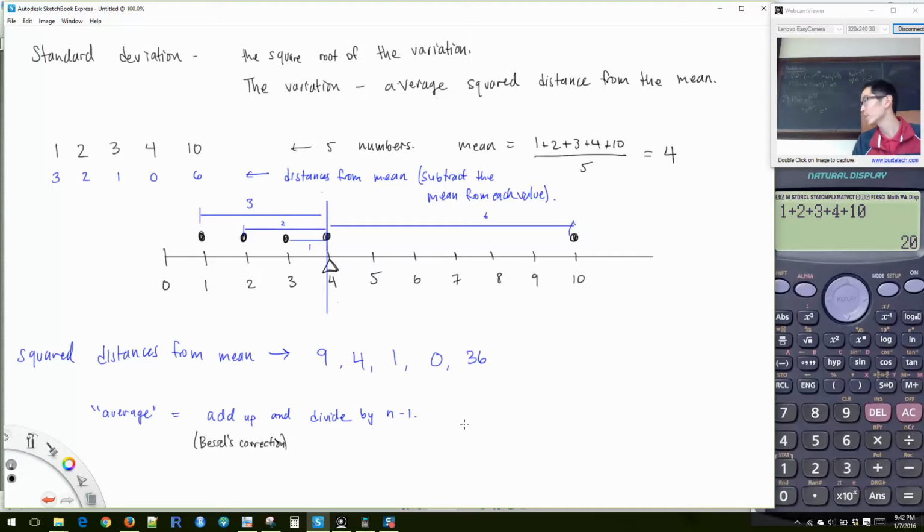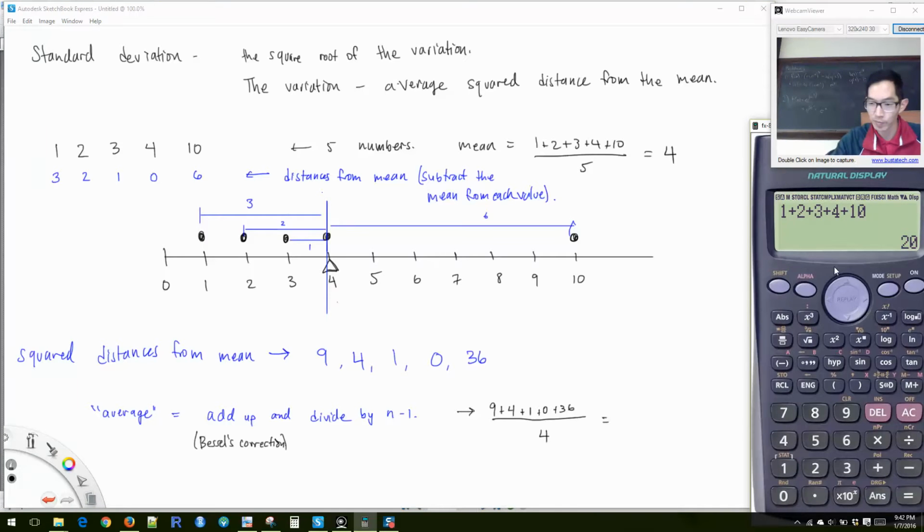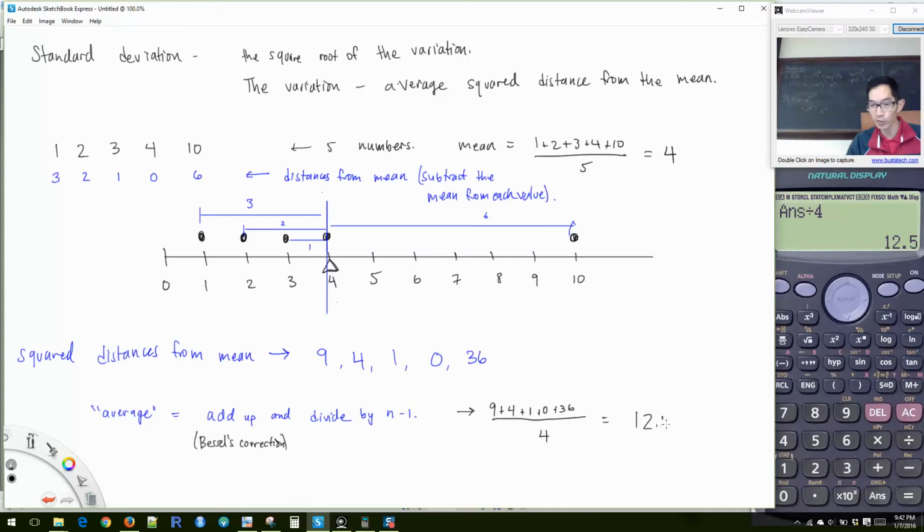Is that okay? All right, so we're going to do 9 plus 4 plus 1 plus 0 plus 36, and then we divide by 4 rather than 5. So I get a quote average of 12.5. This is my variation.